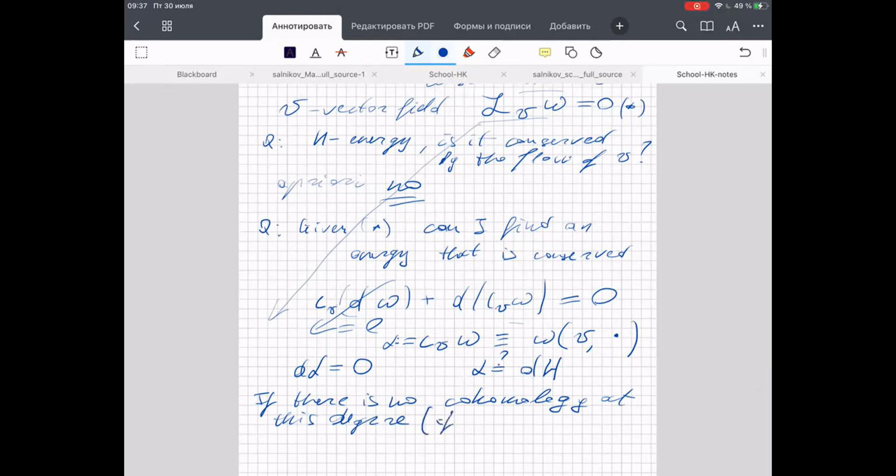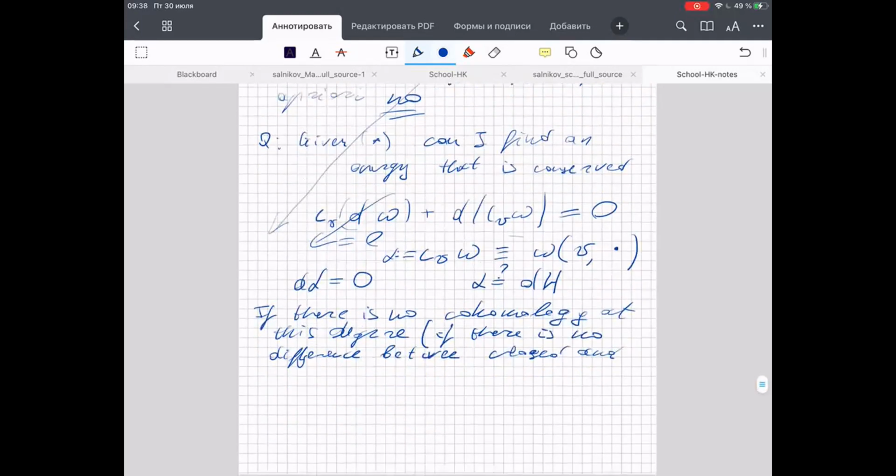So if there is no difference between closed and exact forms, then there exists such an H.